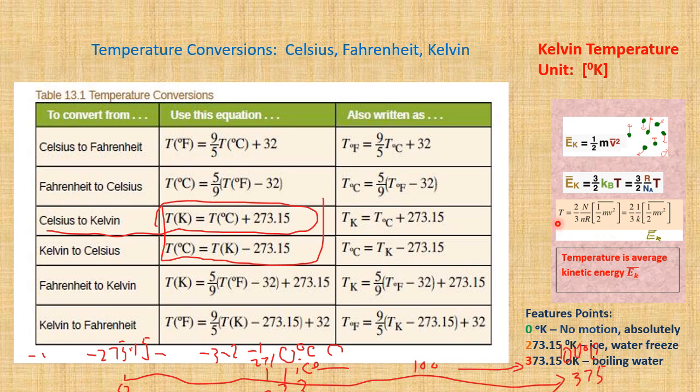Not only that, this number is chosen such that the temperature, the Kelvin degree, has exactly a 100-degree difference between the ice point and the boiling point. In particular, the ice point is 273.15.